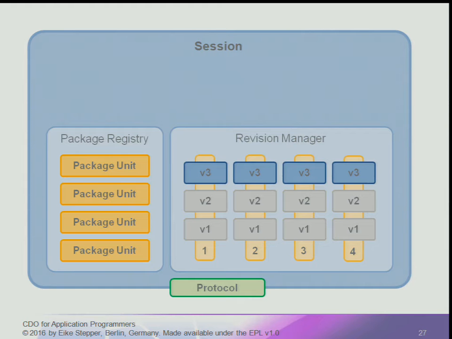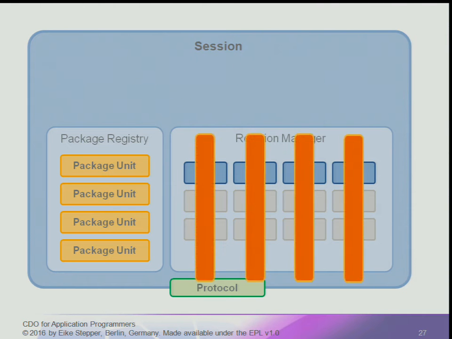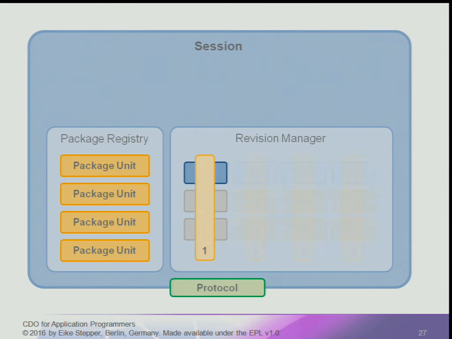So here we have an example of 4 objects. You see here the so-called CDO IDs of the objects. And we have the different versions that were created over time. These revisions are not E-objects, so it's a little bit a technical concept. Your application typically doesn't want to interact with them directly. What you want is an E-object, and I'll show you how that works with just one logical object here.